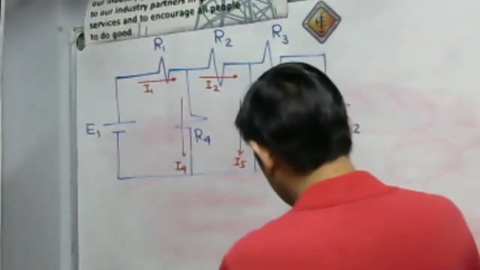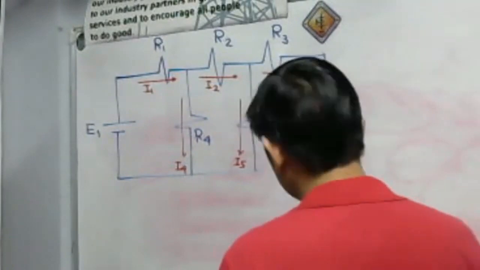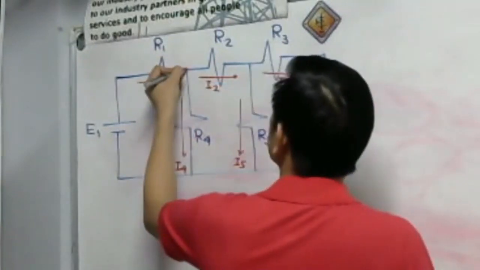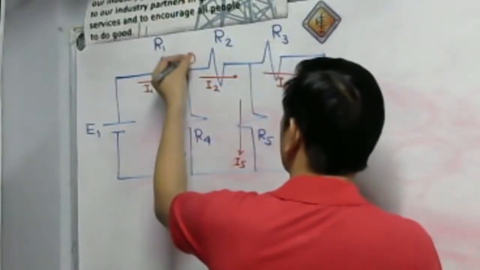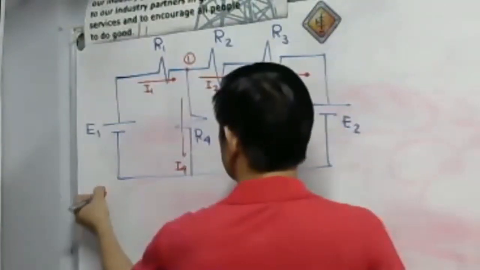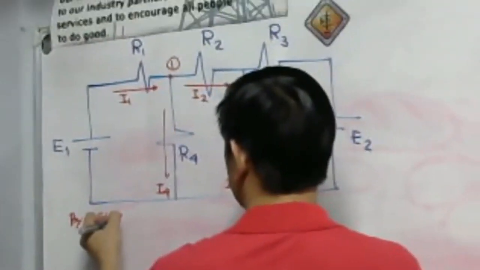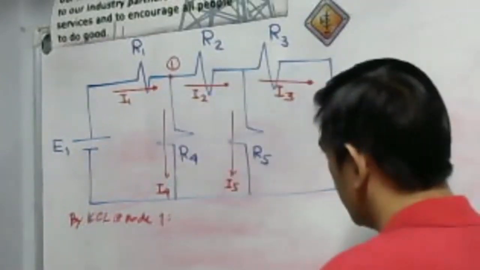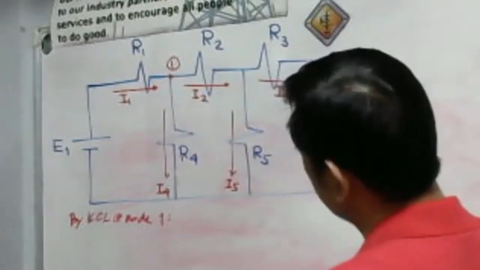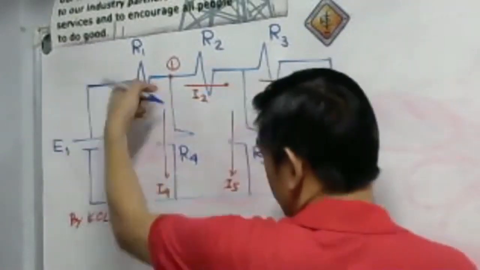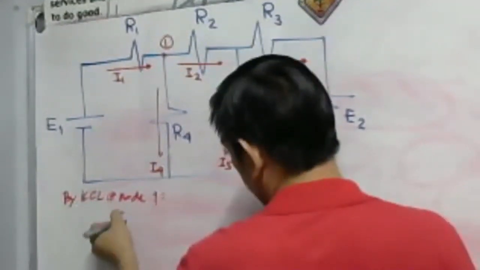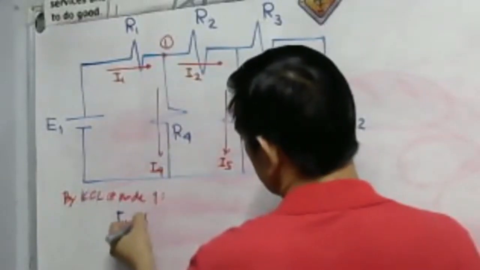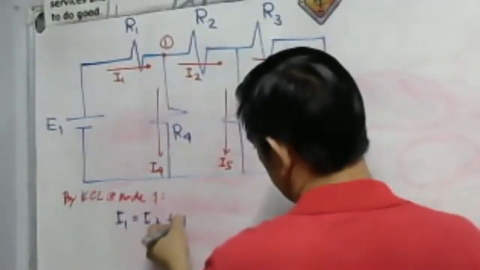Please take note that for our I sub 4, let's say we have our node 1. By Kirchhoff's current law at node 1, all the current entering, which is I sub 1, is equal to the current leaving, I sub 2 plus I sub 4.